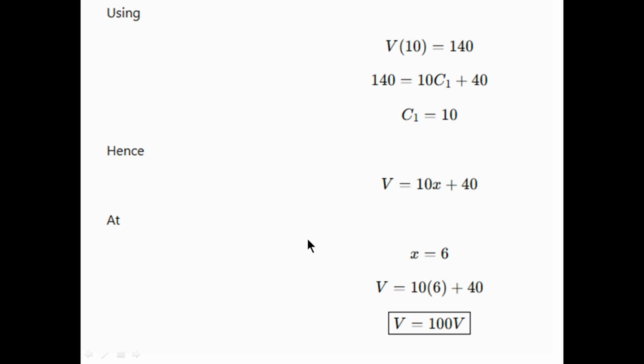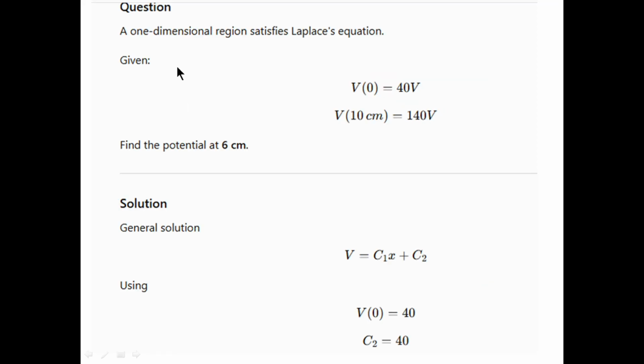Next question: a one dimensional region satisfies the Laplace equation. The boundary conditions for this Laplace equation are V0 is equal to 40 volt, meaning at x is equal to 0 we have a potential 40 volt, and at x is equal to 10 centimeter we have a potential 140 volt. Find the potential at 6 centimeter.